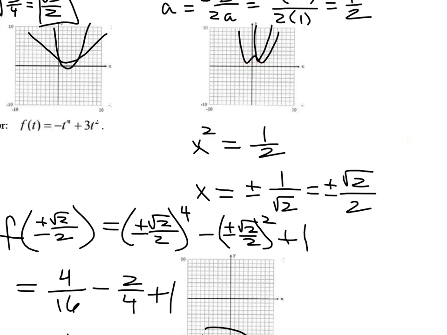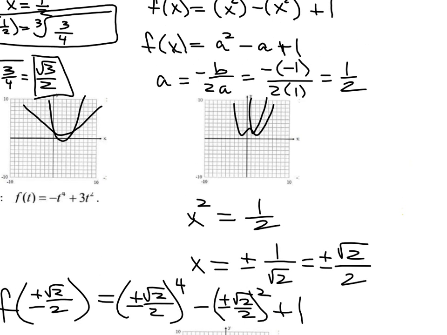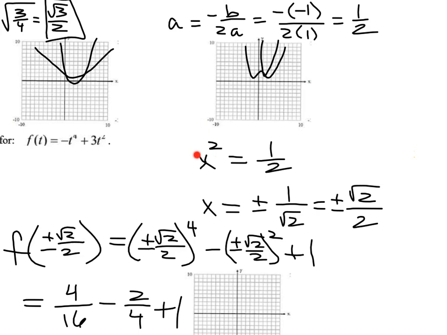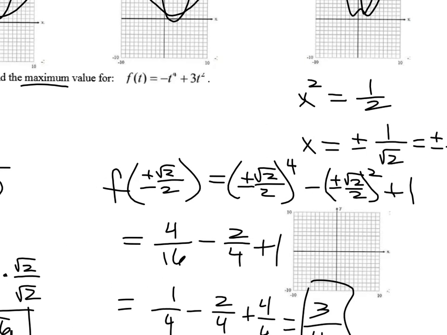But it was still the same process to get the x value that yielded it, except it was x squared equals 1/2 versus x equals 1/2. So then once we have plus or minus root 2 over 2, that's the x values that yield your minimum, you go ahead and plug that into your function.